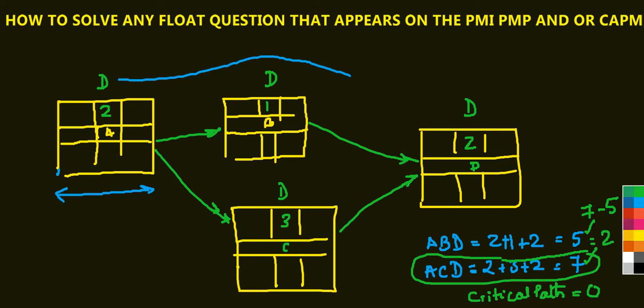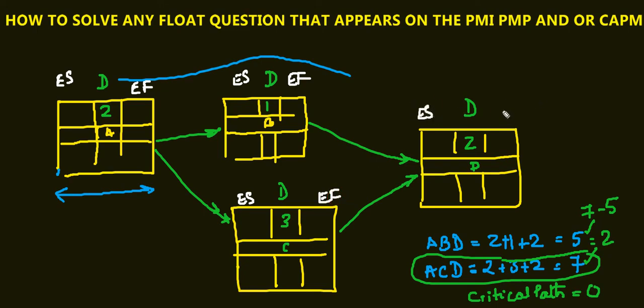Right. Let's just put numbers here. Let's suppose, this is called early start, and then this is called early finish. Early start, early finish. Every activity has this. Early start, early finish. Let's suppose the early start for this activity is 1.